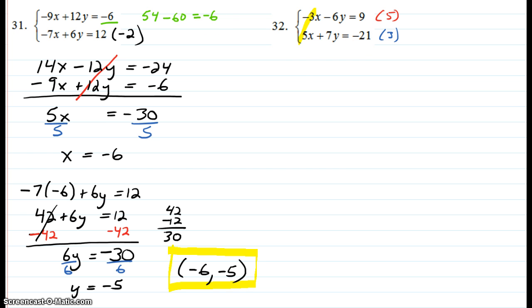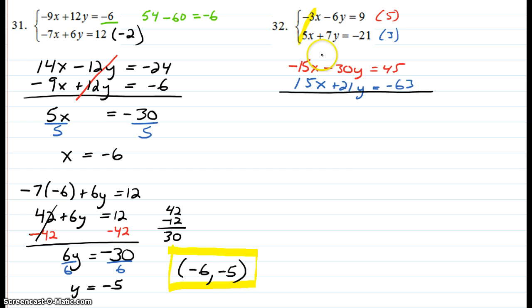And so when I multiply the top by 5, I get -15x minus 30y equals 45. And when I multiply the bottom by 3, I get 15x plus 21y equals -63. And so now I have the opposites that I wanted, that -15 and +15.